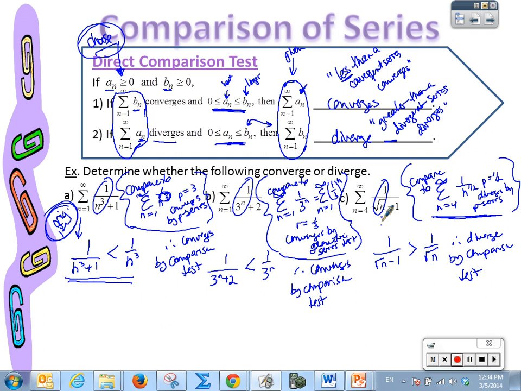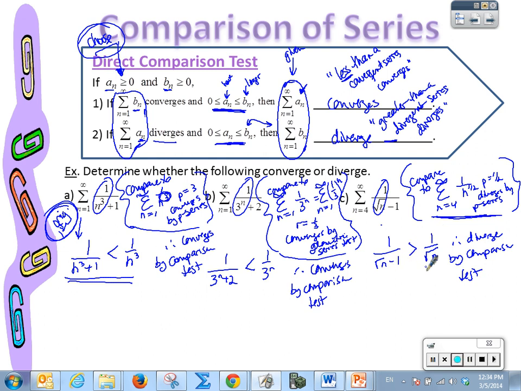What if this were a plus 1? Would this still hold true? No, this one is still going to diverge, but then this scenario is not going to be set up properly because it won't be this way anymore.